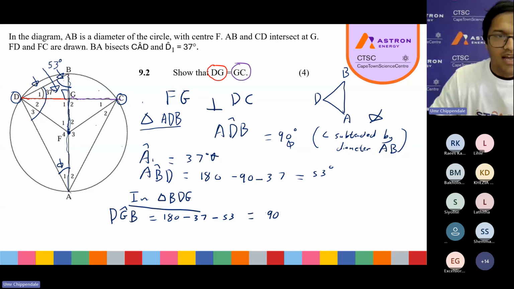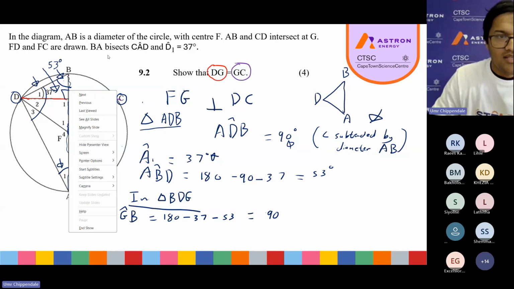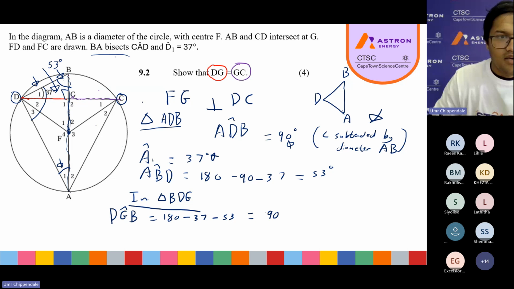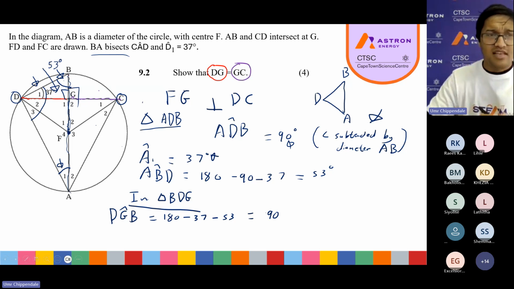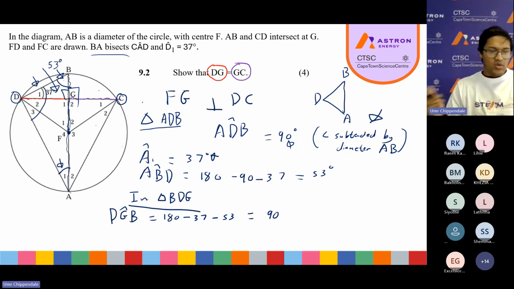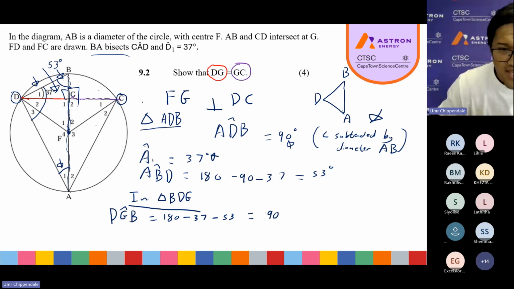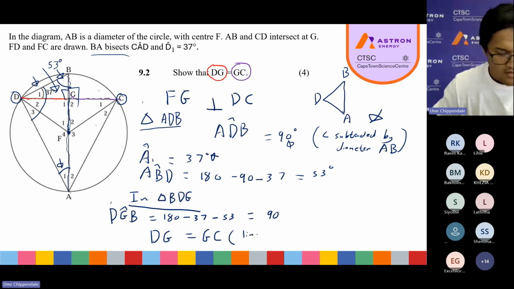Now, because this is 90, that means, remember, we said that this was bisected. The line came through the center, and because it's at 90, automatically we now know that DG is equal to GC. And why? Because the line from the center is perpendicular to the chord, and it bisects the chord.